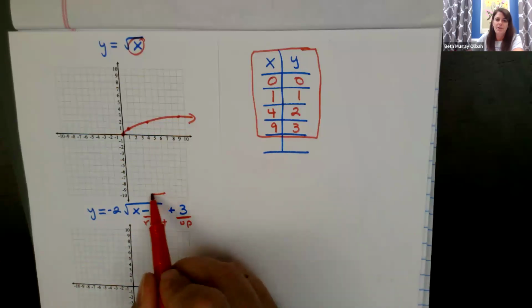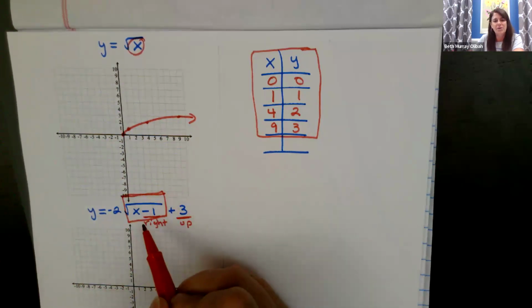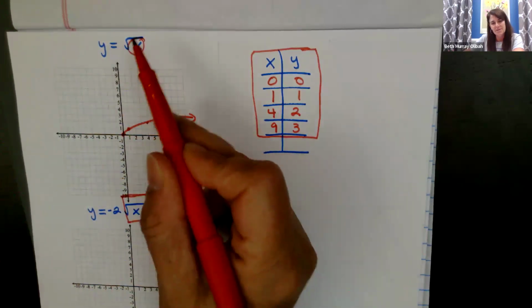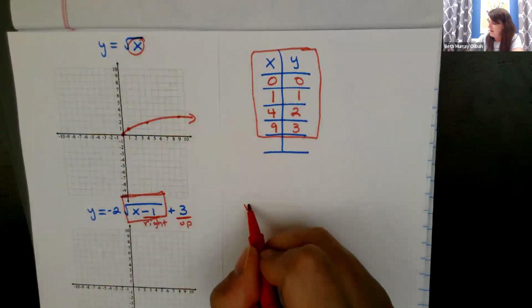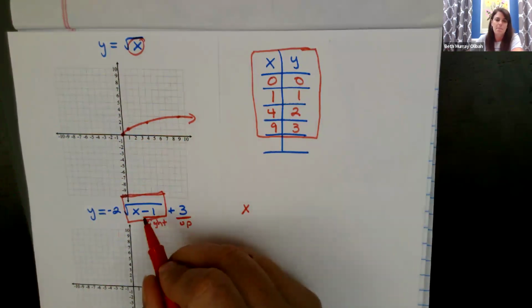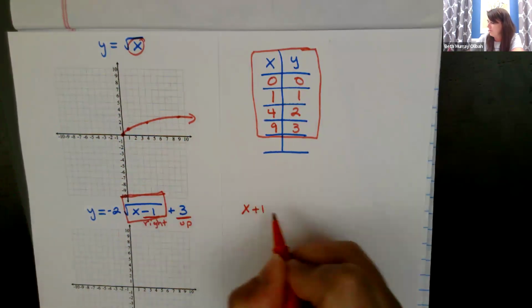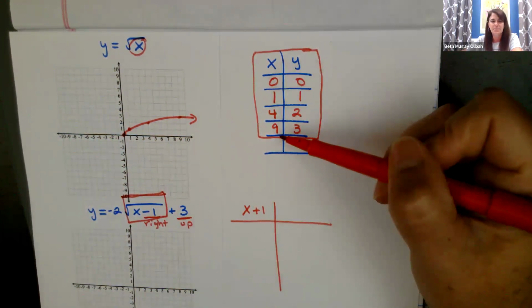So the only thing that will ever affect the x values are things inside the function. In this case, the function is the square root. So the only thing I have to deal with is that -1. And remember, for the x's, it's always the opposite. So -1 means I'm really going to add 1 to all of my original x's.